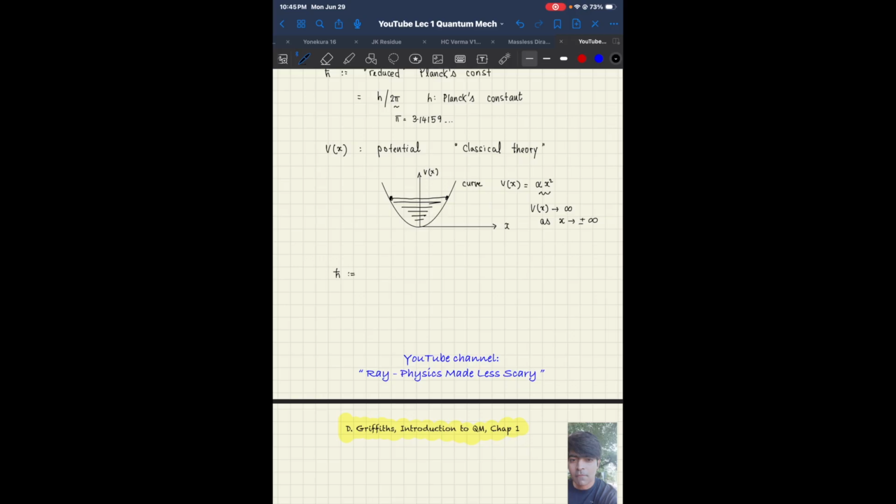Well, it's important for historical reasons, but it won't be important for us because we'll set it to 1 later when we actually do computations. But the important thing to realize is that this is a very, very small number in SI units. You know what the SI units are, right? Very small number, 10 to the power minus 34.